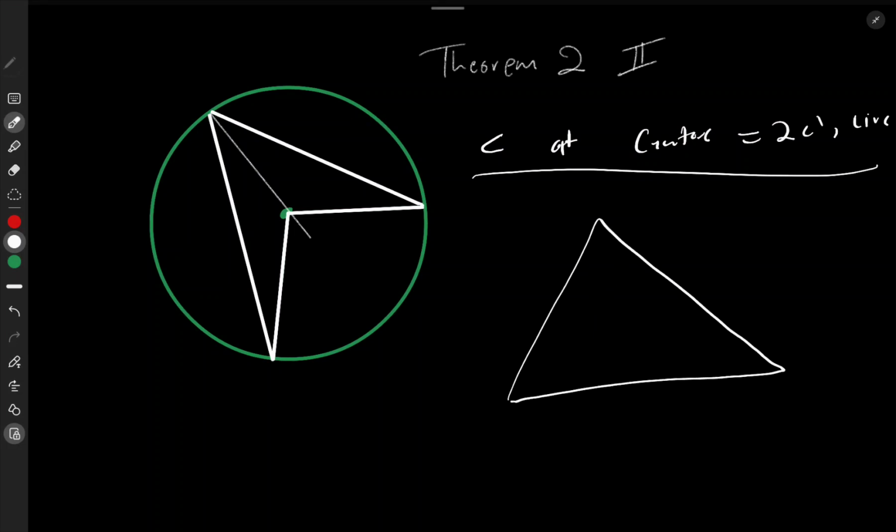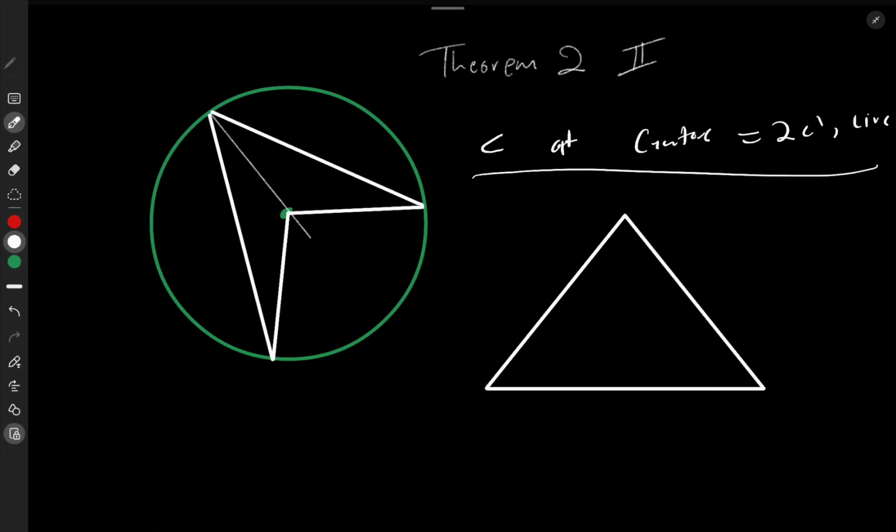But this is a triangle. Another special triangle that I forgot to mention earlier is called an isosceles triangle. An isosceles triangle says that given that these sides are equal, that means these angles are equal.